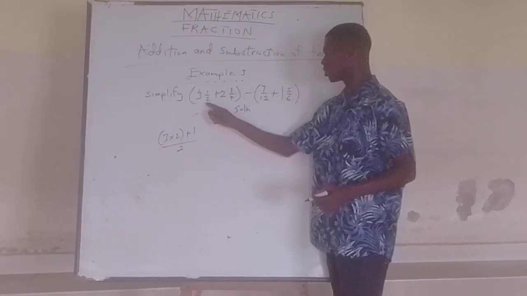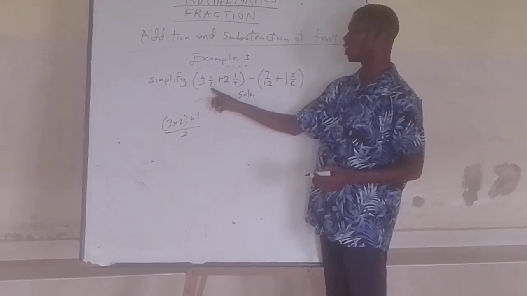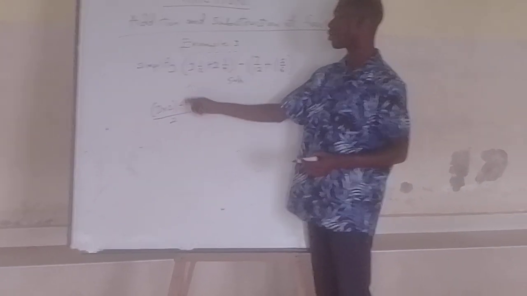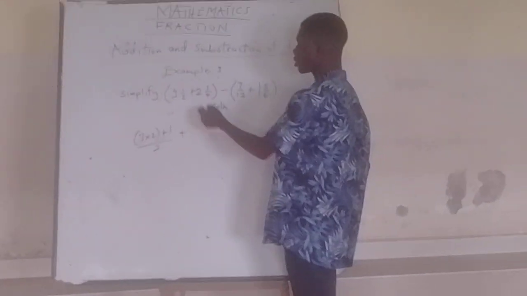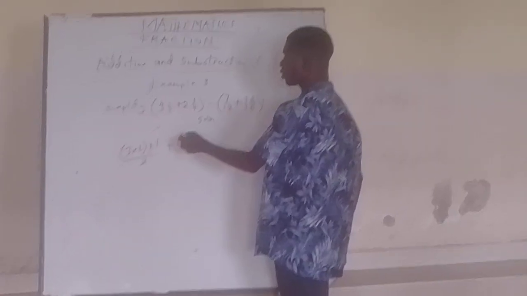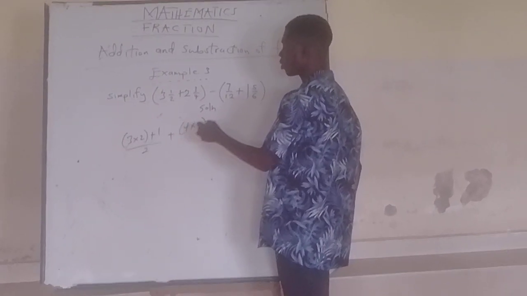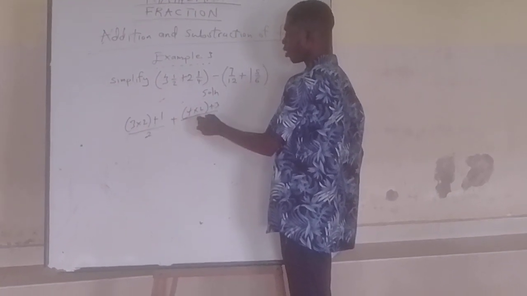The 2, that is the denominator, multiplies the whole number plus the numerator. For this one, you get 4 multiplying the 2 plus 3 over 4.